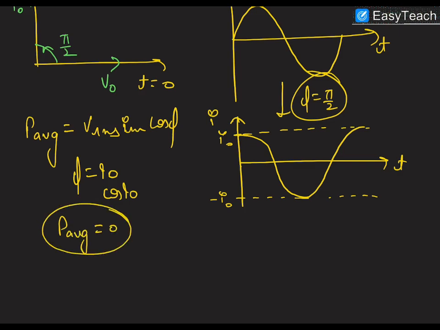Because we have always studied previously that among L, C and R, only R, the resistance, is the element which loses electrical energy in the form of heat. Otherwise, capacitance and inductance always store the energy. So in a complete cycle, the average energy stored by the capacitance will be zero, or the average power lost by the capacitance will be zero, because in this circuit there is no resistance present.